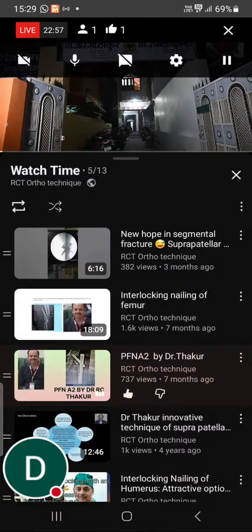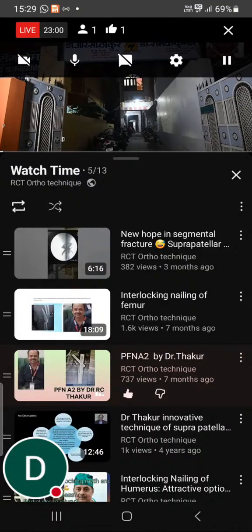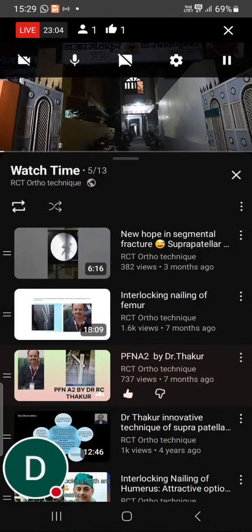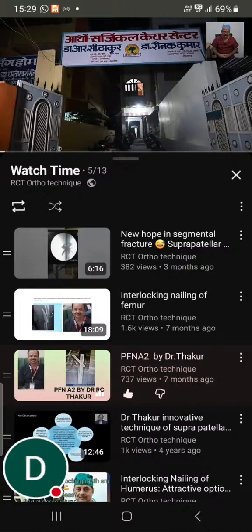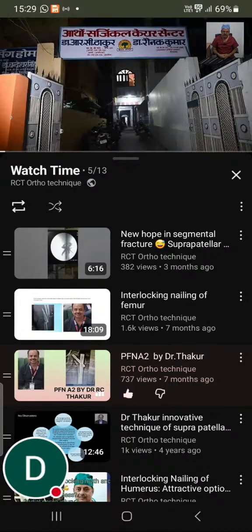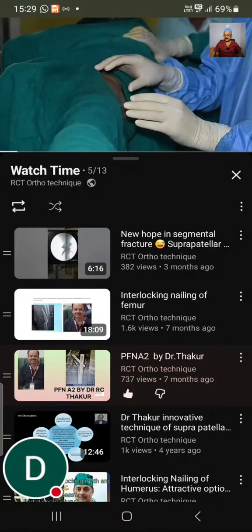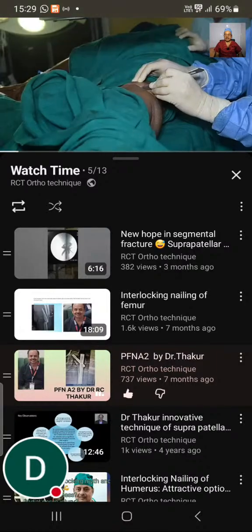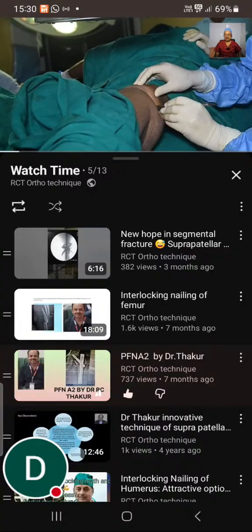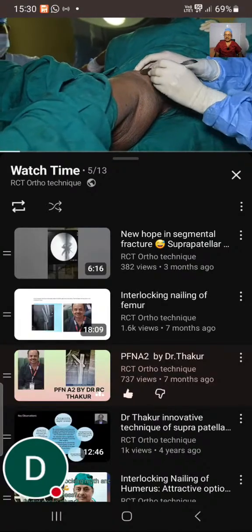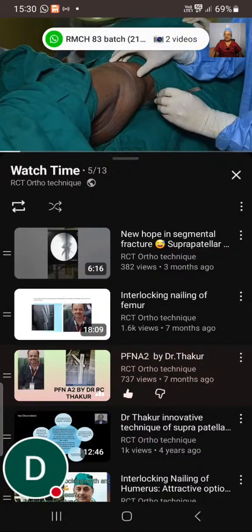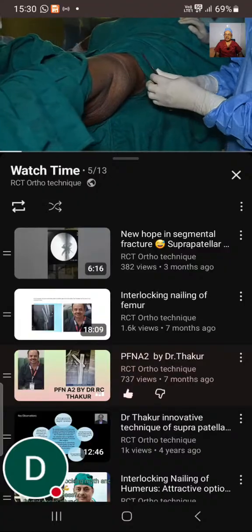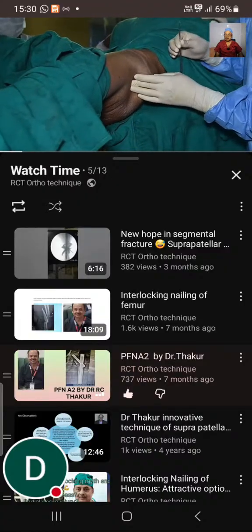Today I will give a demo of PFN A2 surgery for an osteoporotic patient for intertrochanteric fracture of the femur. The design of the spiral blade provides a stable line from the tip of the greater trochanter towards this first line, and the point of bisection of these two lines is the point of incision for this surgery.